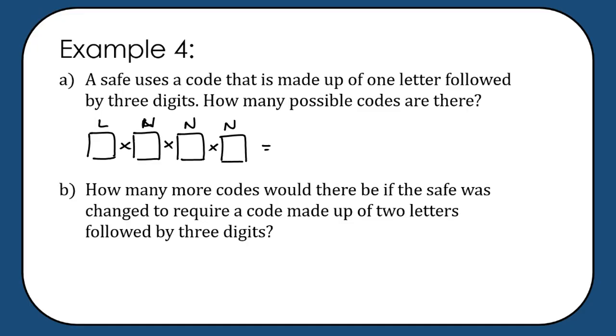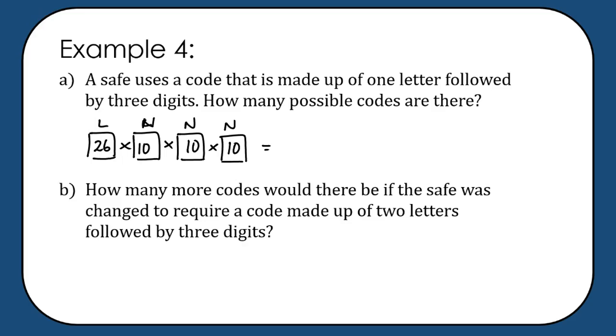So then how many options are there for each of these stages? For the letter, there are 26 letters in the alphabet, so 26 options. For the numbers, digits, there are 10 digits, 0 to 9, so 10 different options for each of the three positions, given that there's nothing that says we can't repeat.